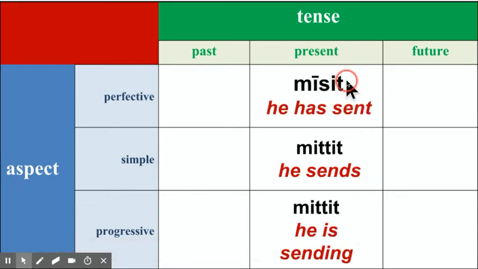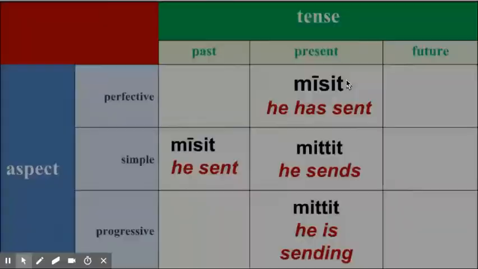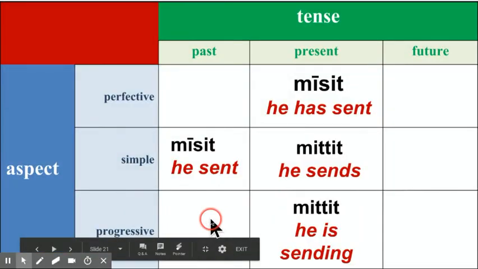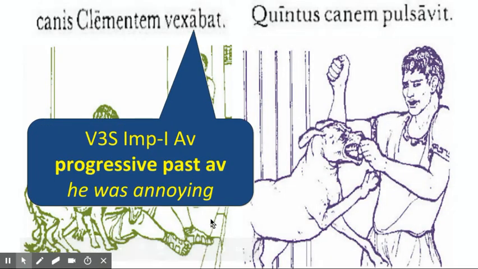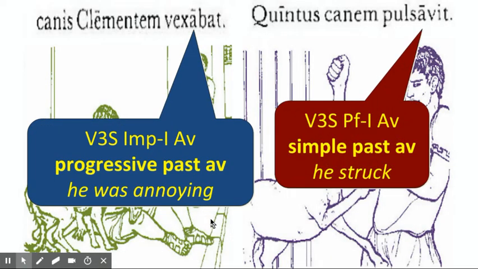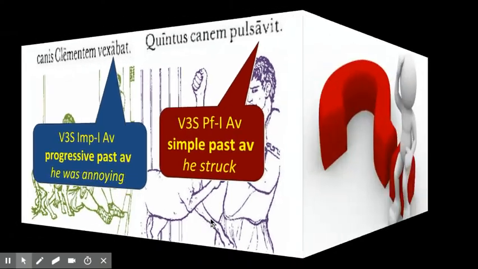Misit, he has sent. That's the perfect indicative signifying a perfected present. It could also be translated just as well, misit, he sent. And then now, mittebat, he was sending. Vexabat, he was annoying. Pulsavit, he struck. See the difference? He was, past tense, both of them, but one's progressive, one's simple.